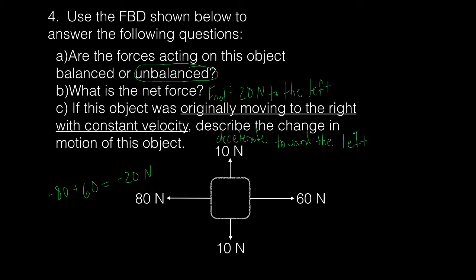So for example, if it was going 65 miles per hour to the right, and now you experience a 20 newton force to the left, it's going to slow down until it gets to 0, which is also called decelerating. And then if it continues, it will actually start accelerating to the left. And so that's how the motion of that object would change.